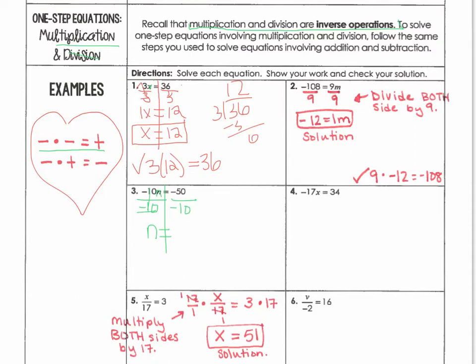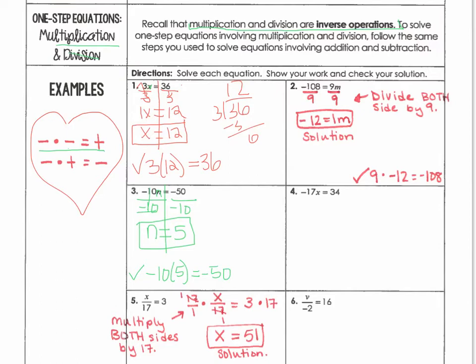Now let's go to the other side. A negative divided by a negative is positive, and 50 divided by 10 is 5. Check: negative 10, substitute in the 5 for the n, times 5 equals negative 50.